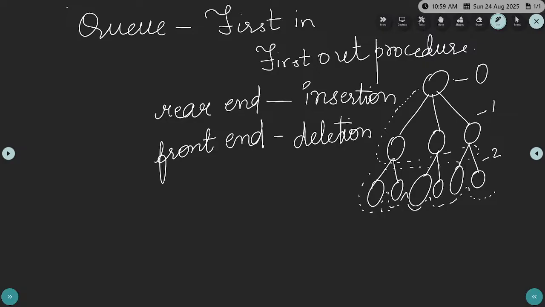Insert all the unvisited adjacent vertices of the deleted vertex into Q and make them as visited.